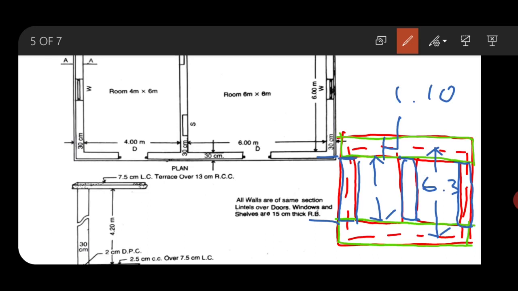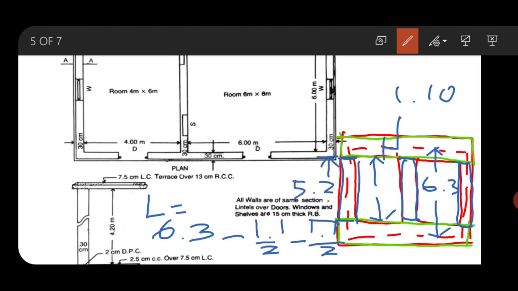That means the length will be equal to center to center length 6.3, and from that we subtract half of the breadth from both sides, and we get the total length of the left out portion. That means this length will be equal to 5.2. Clear? 5.2.